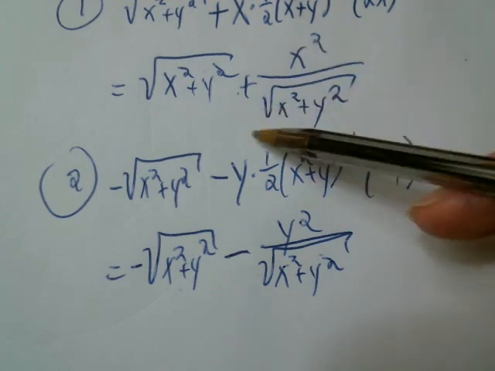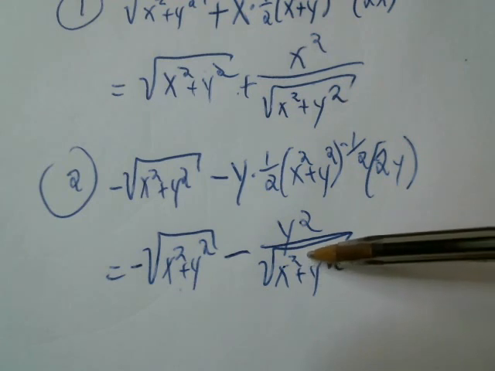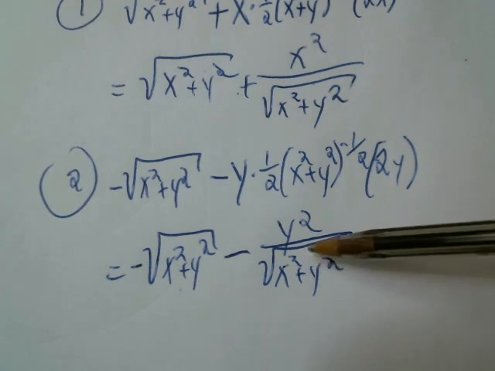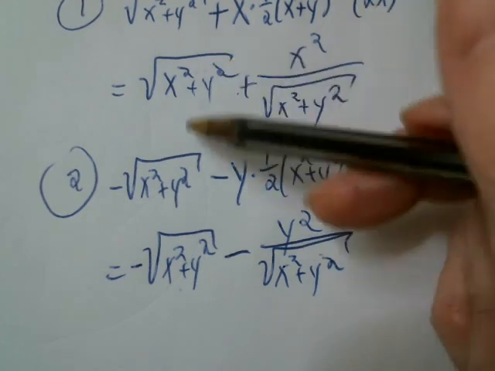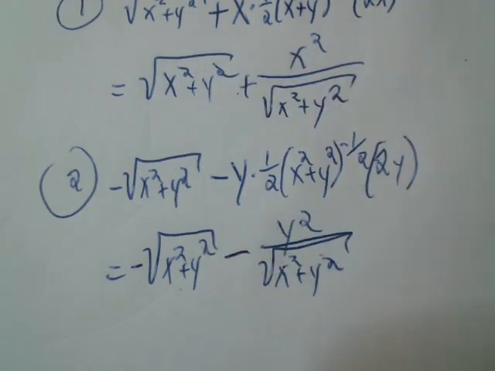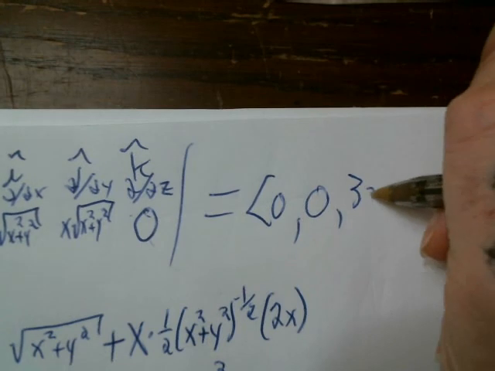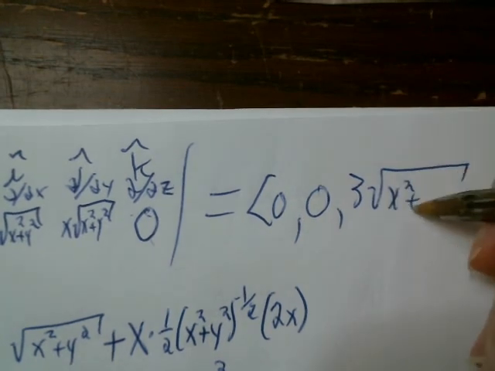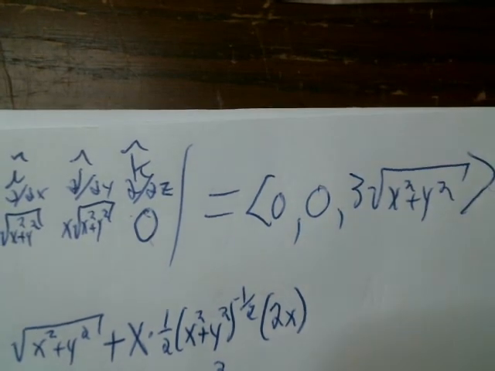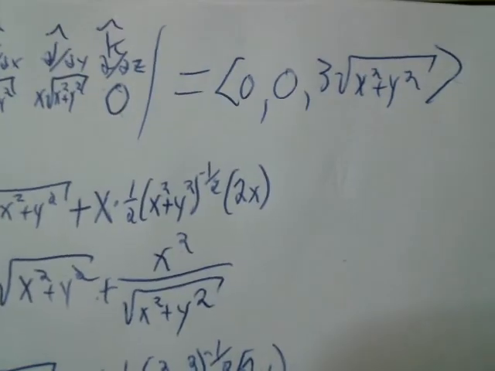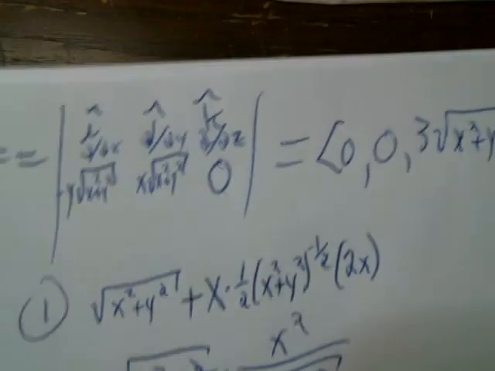So that plus that will give you x squared plus y squared to the 1/2 power. And then you already have 2 of those from here, so you end up with 3 square roots x squared plus y squared. Okay, so all these generally will have a nice little simplification, usually, but you know.